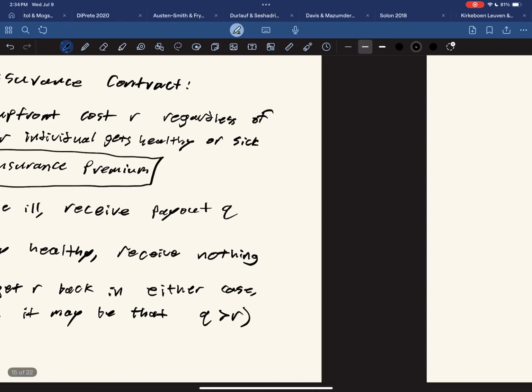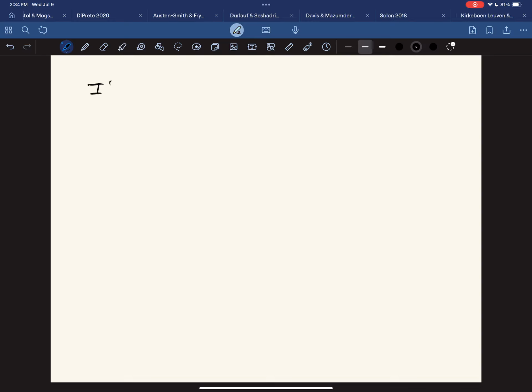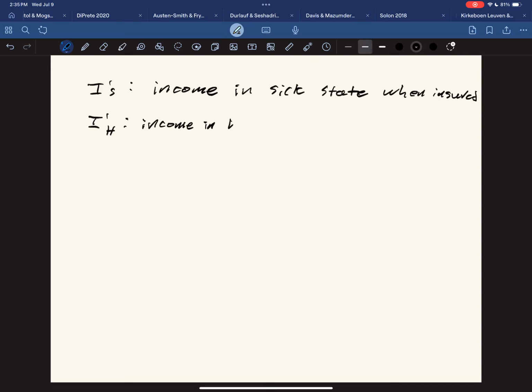So let's define I prime S, and that's income in sick state when insured, and I prime H to be income in healthy state if insured.